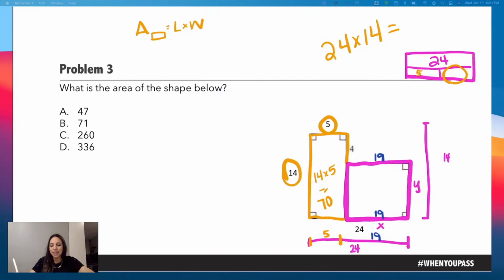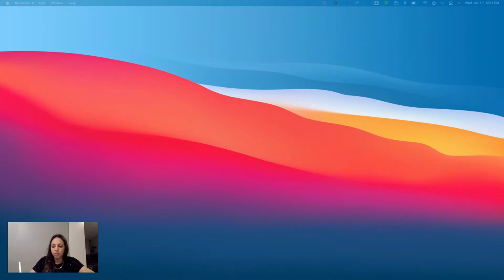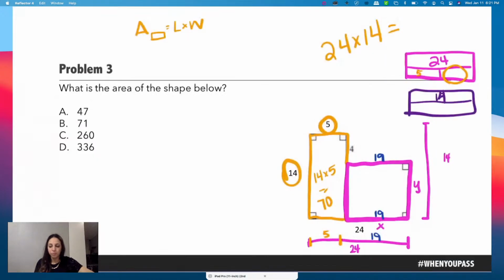I'm going to do the same process with the number 14. I'm going to have a part whole. And my whole is 14. But what is my part? There we go.